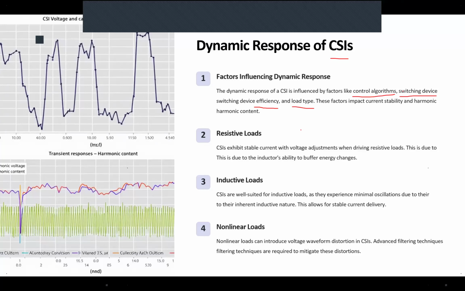So the main difference: in VSI, the speed of switching is important. In CSI, the efficiency of the switches is important.